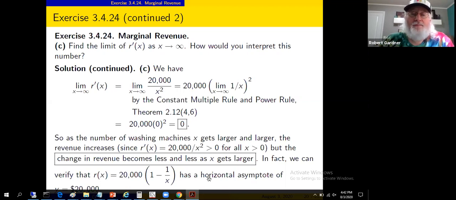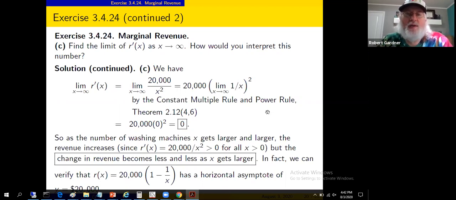So realistically, you might want to cap the number of machines you make, because there's something called a point of diminishing returns. It's not really worth the extra effort to produce more and more machines, because the revenue will increase a tiny, tiny amount. So there's an application to economics in terms of approximations.